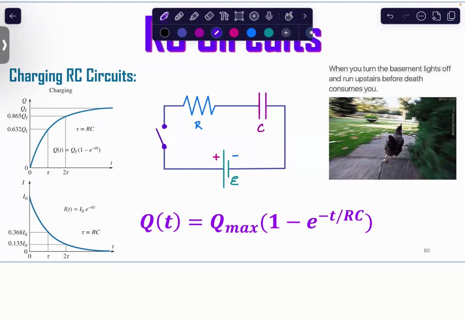So you notice, what's this new little symbol in the circuit there? What is that new circuit unit? Yeah, it's a switch.